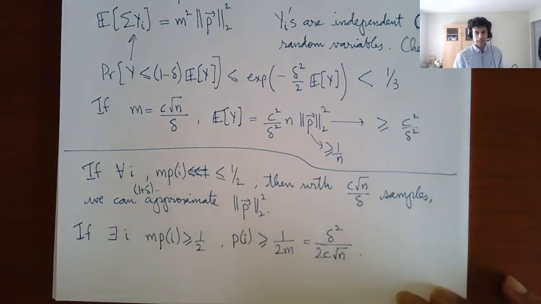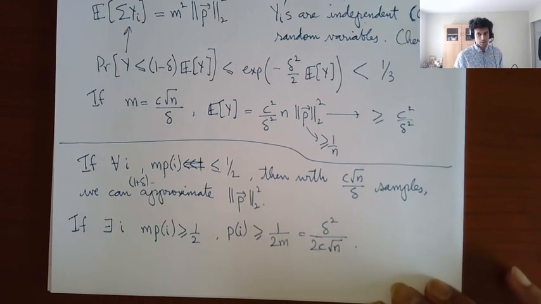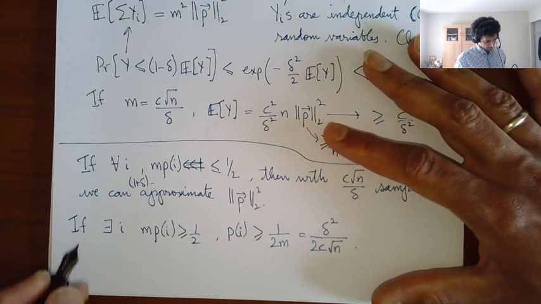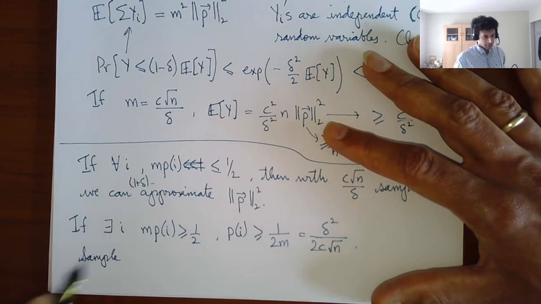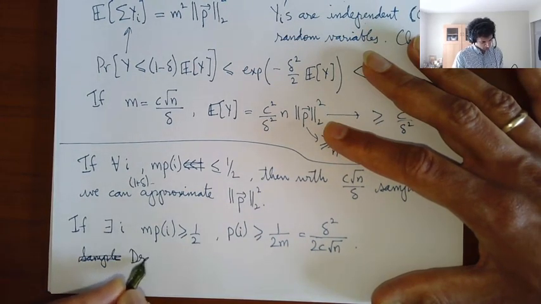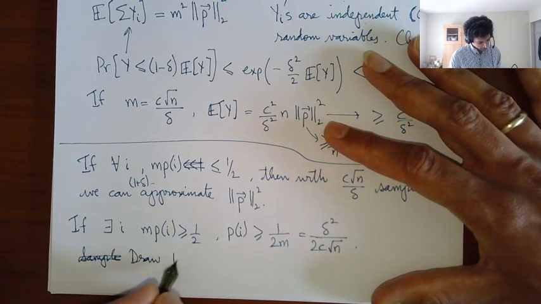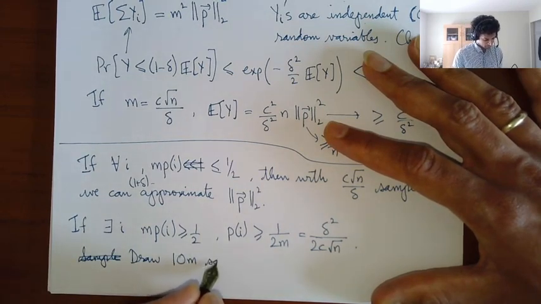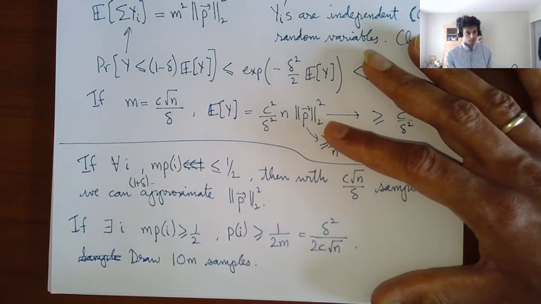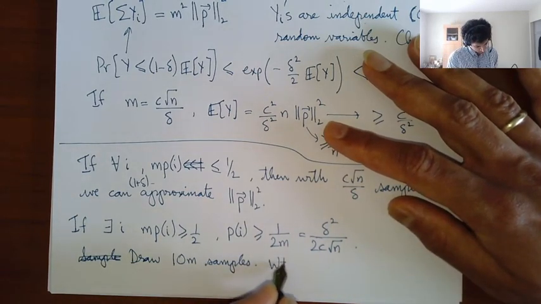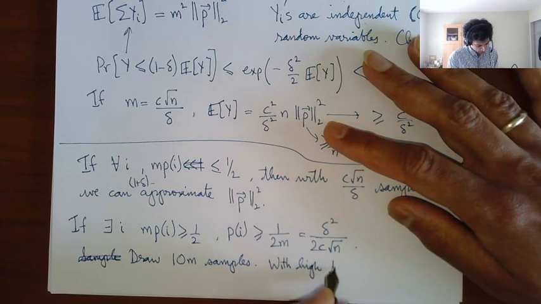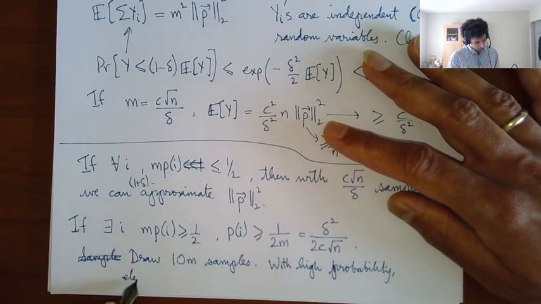But this is easy to find. Sample, or I should say draw, 10 times m samples, and with high probability the element i appears 3 times.